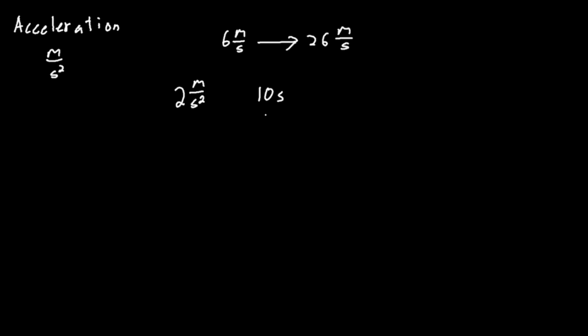So you have 2 meters per second for 10 seconds, okay? Every single second, your velocity goes up 2 meters per second. So this is what this describes. So if your velocity goes up 2 meters per second every second, how many seconds were there?